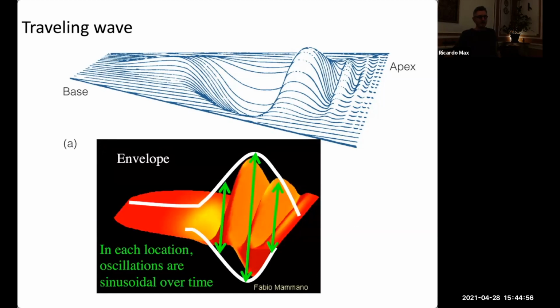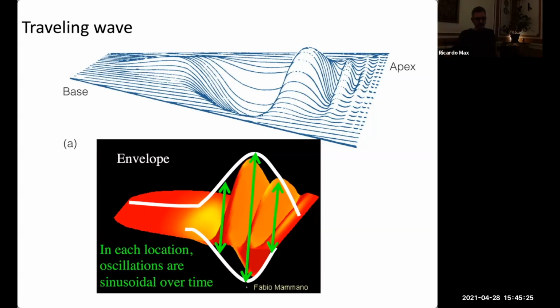Okay? So this is a wave going through the basilar membrane, and this is the envelope. The envelope means the entire space within which a wave covers, let's say.